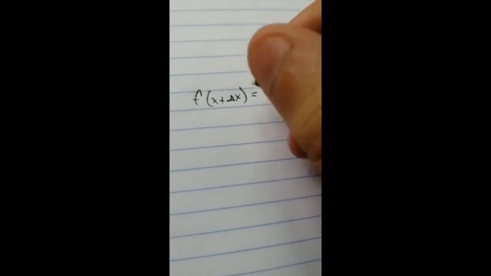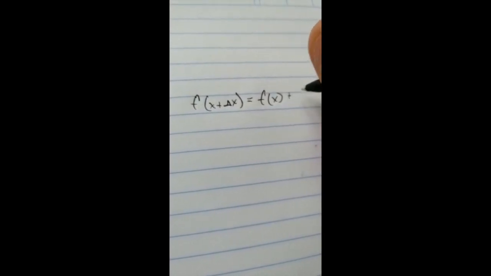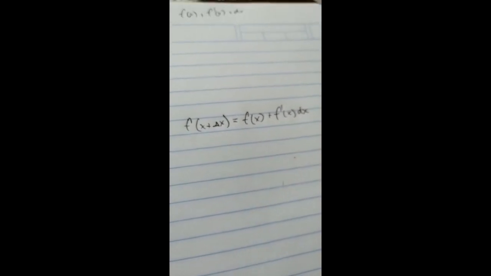Okay, so now for the final step of this process, we know that f of x plus delta x is equal to f of x plus f prime of x times dx.